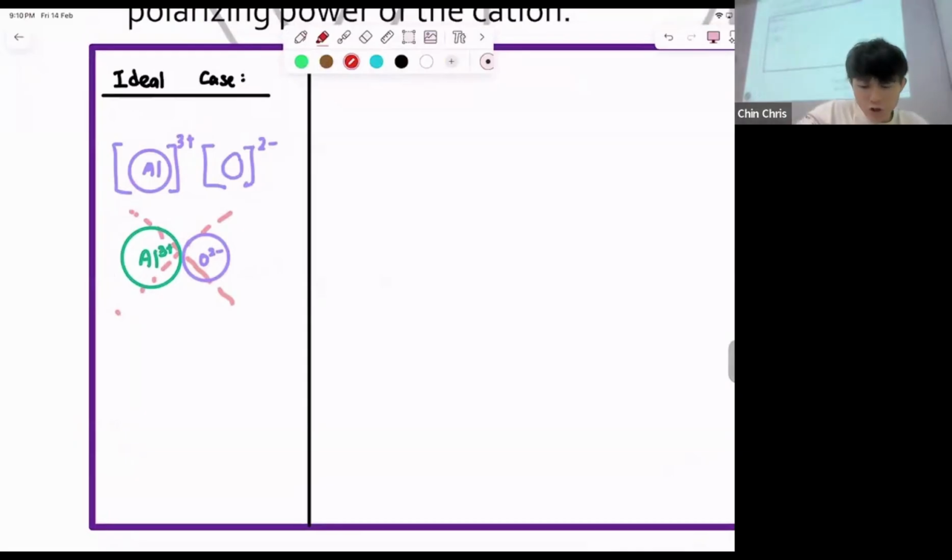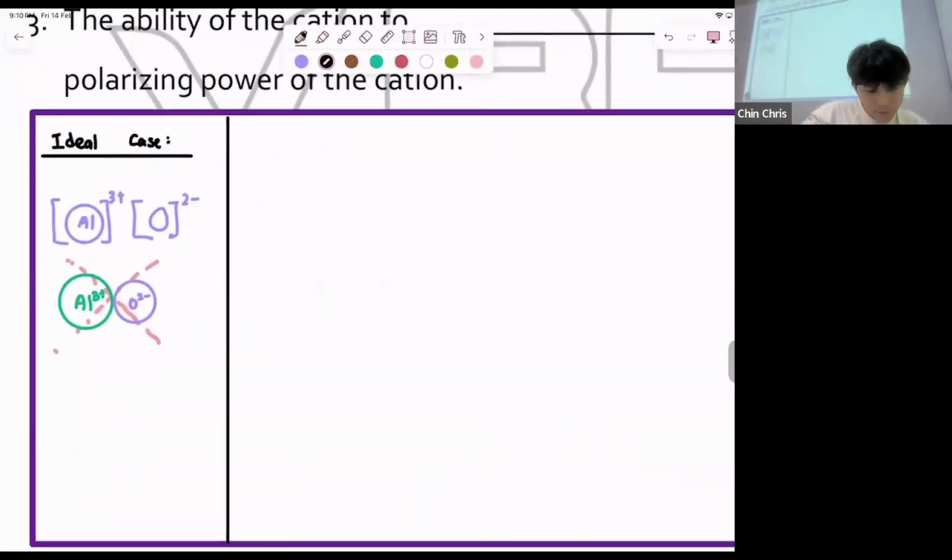In actual, it's not going to be like that.